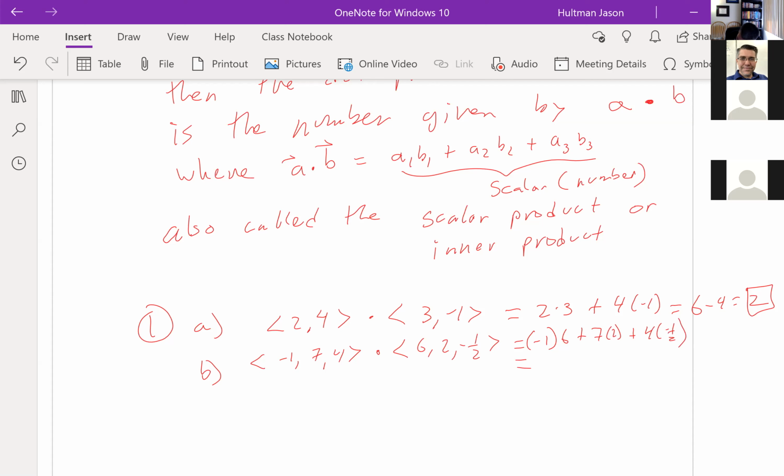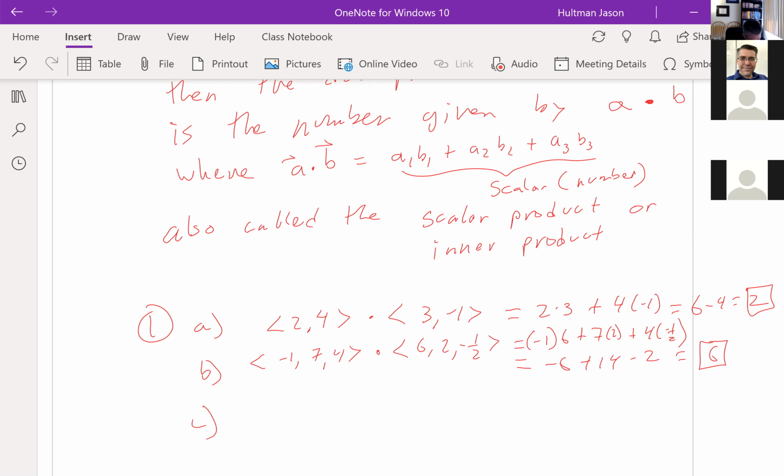What's that going to be equal to? This is -6 plus 14, minus 2. So that's going to be 8 minus 2, which is 6. Positive 6.